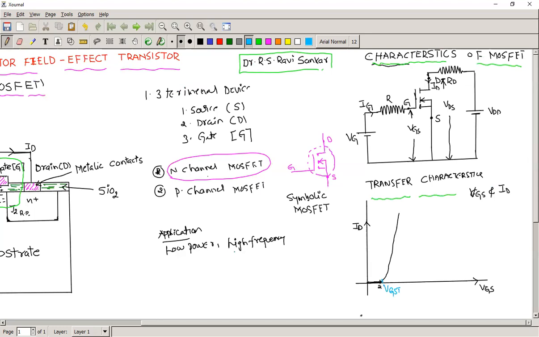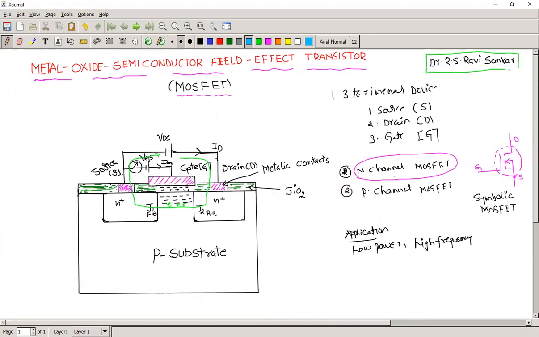If the gate voltage is more than this value, the field is sufficient to drive the MOSFET into the on state. If you withdraw the gate voltage, the device will go to the off state. So as far as power electronics is concerned, whatever the device is, we are using it as a switch only.